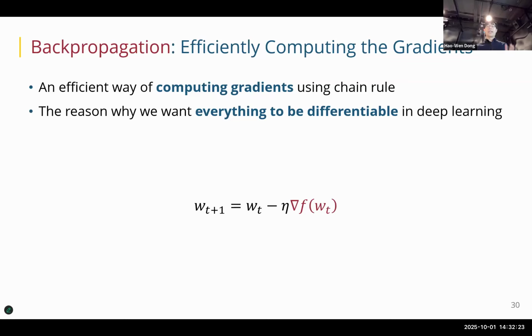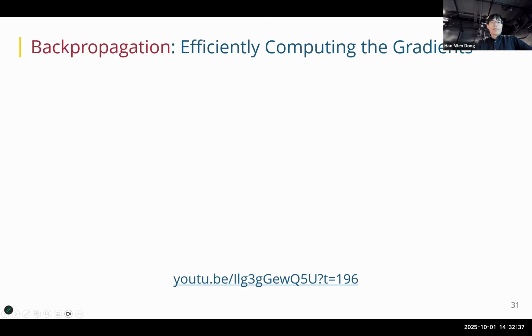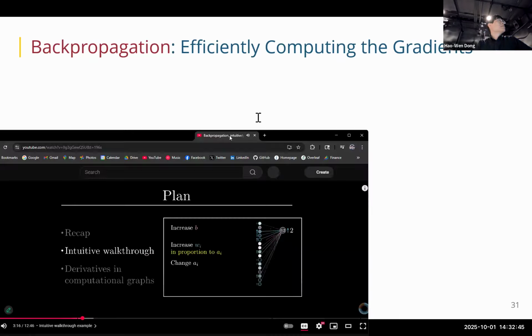And there's no easy way we can explain how it works. But the idea is that we want to compute the gradients, but it's so hard to compute the gradients. So I would just show you this very nice video. I think it explains much better than I could. Let me show you here.